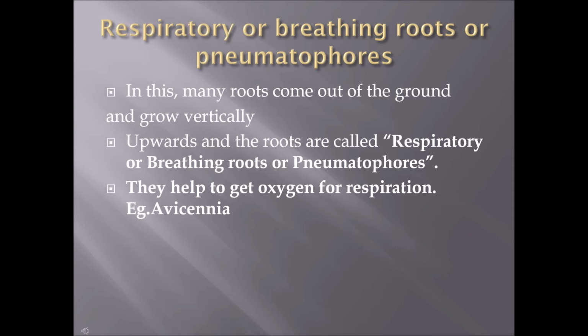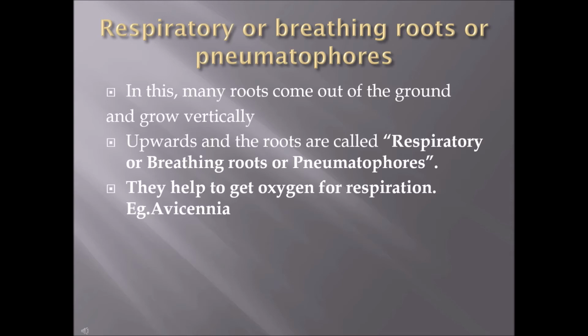So why such growth is taking place is, it is to get oxygen, because inside the water and the soil the root will find it difficult to get oxygen. So for that purpose it will change the direction of the growth and it will get the oxygen. So such type of root growth is known as respiratory or breathing roots or pneumatophores.